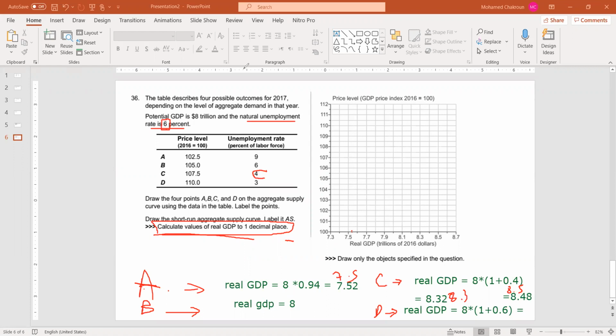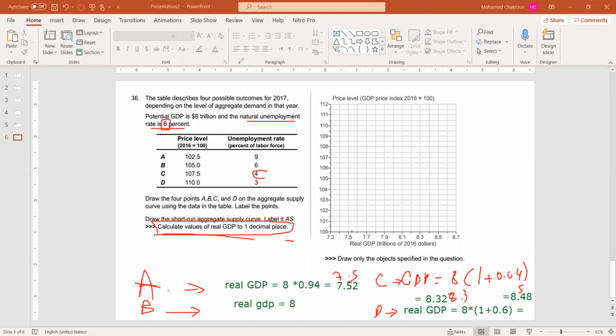Sorry, I made a mistake at point C. Real GDP is equal to 8 times 1 plus 0.04.